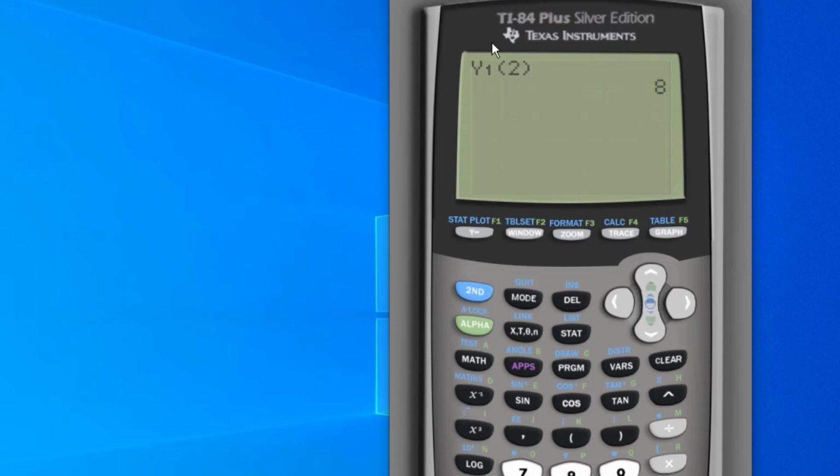It tells me the value of this function y1 is 8. So where does that come from? It comes from whatever you selected over here in your graphing menu. I selected the function y1 to be 2x squared, and I could make this anything I wanted. I could have a polynomial there with 20 terms, and you can easily evaluate it by using that procedure.